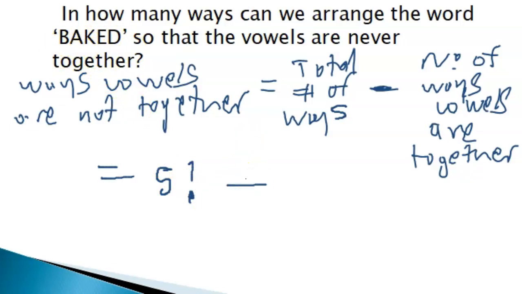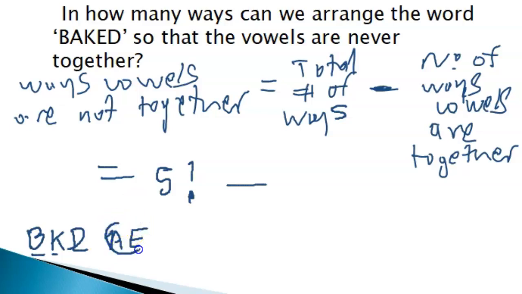Now, if we want to arrange them where the vowels are always together, we have 2 vowels, A and E. So we have B, K, D, all 3 distinct characters, and for the vowels, we have two vowels, A and E. Let's view it as one group, so the vowels are always together.